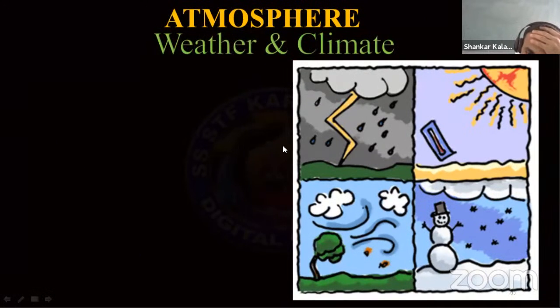Weather and climate. At the beginning of this class, I told you about weather and climate. Both are words we use to indicate the atmospheric condition.